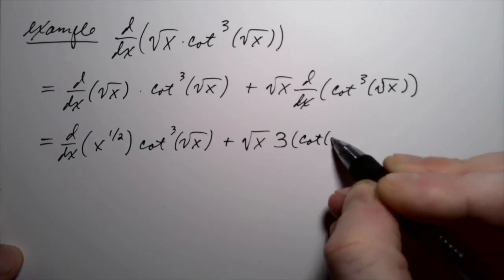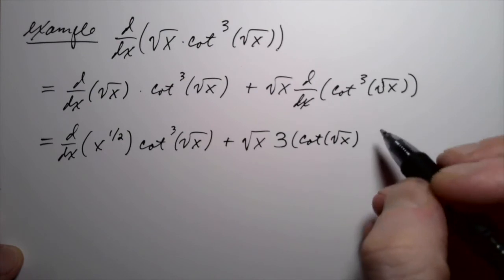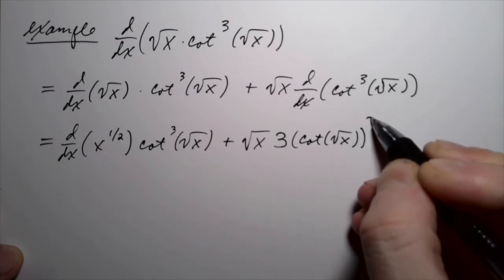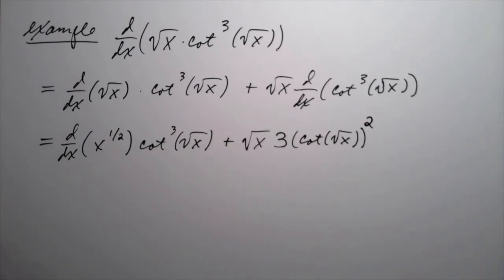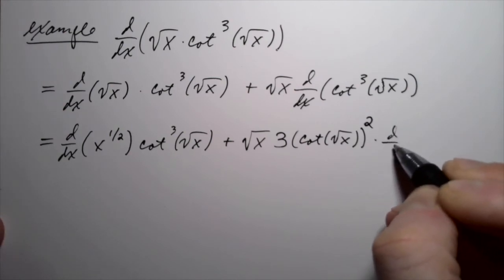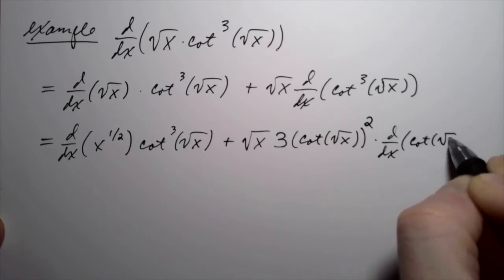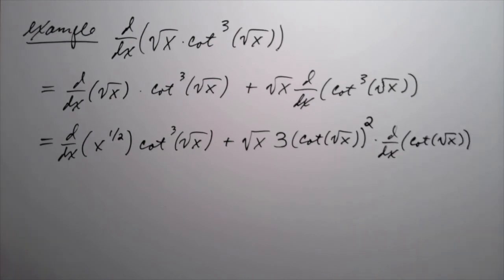And then we'll evaluate at the inner function, which in this case is cotangent of the square root of x. So there's the power rule for cotangent cubed. And then we need to multiply by the derivative of the inside function. In this case, that'll be cotangent of square root of x. That was the thing that just got cubed.